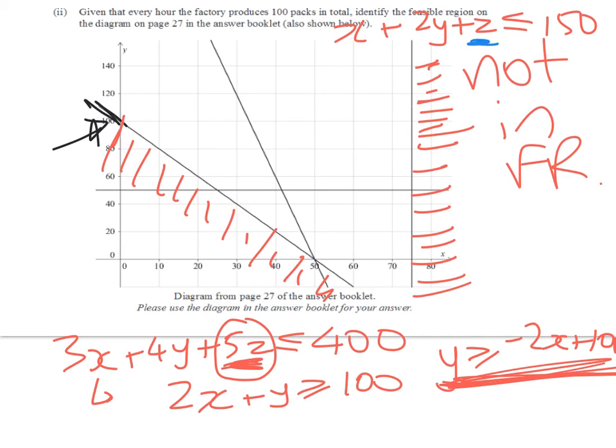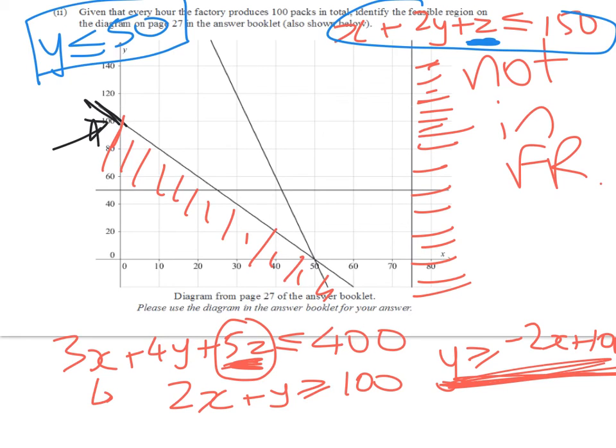So again, substitute in there for z, and manipulate that a little bit, and you end up with y is less than or equal to 50. Right, and we're going to shade not the feasible region. The feasible region is y is less than or equal to 50, so we're going to shade higher than that, y is greater than 50. So that's what I'm going to shade up here.